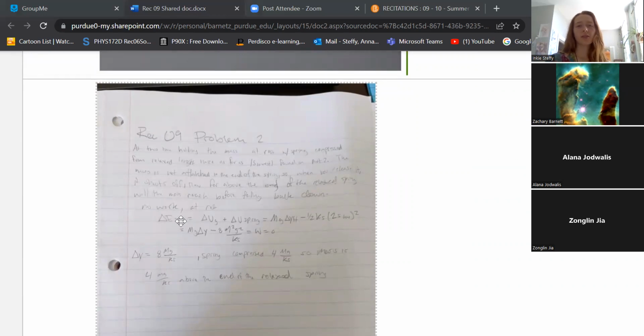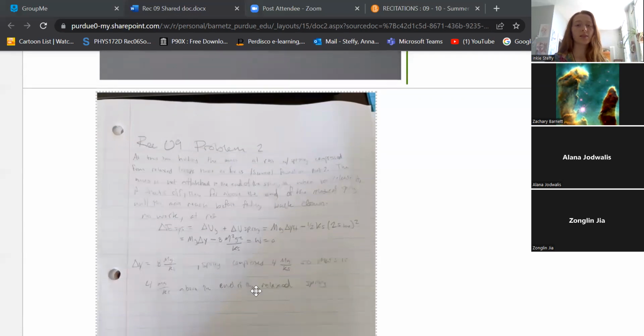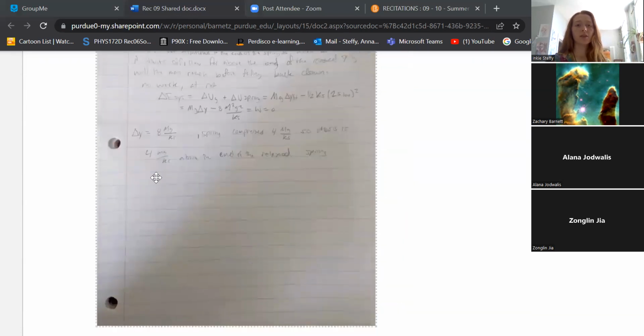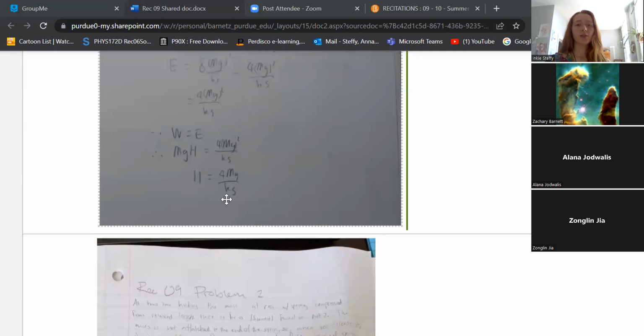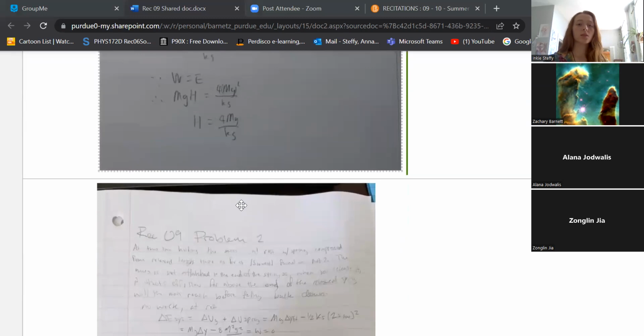Once again, our final and initial states are 0, still using the energy principle. And S2 lowest is just the value that we had previously found, simplified. Then I'm solving for the delta y, which should be the height. But this is not the total height. Half of this would be the height, which I put down as 4mg over the spring constant, which is what he has as well, which is really nice.